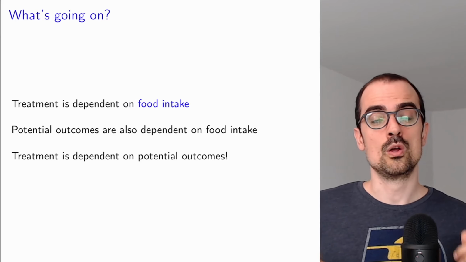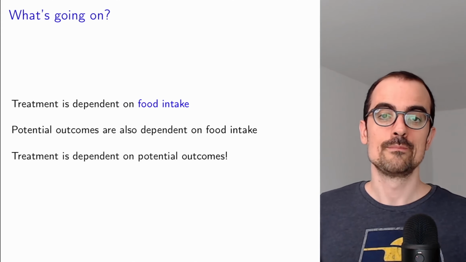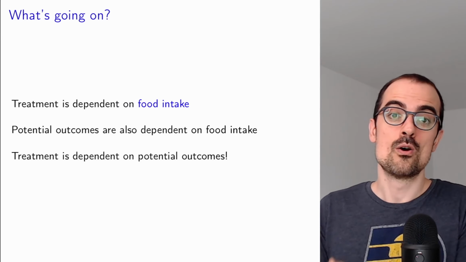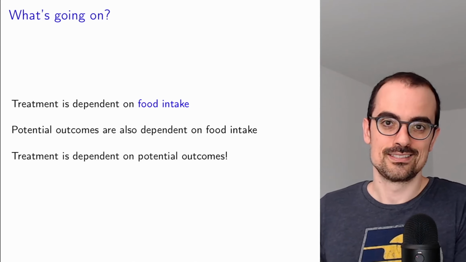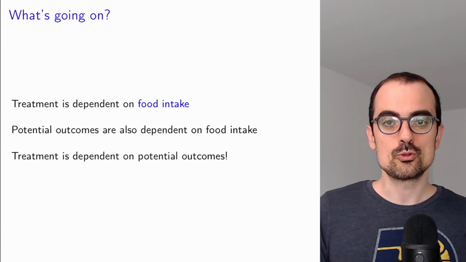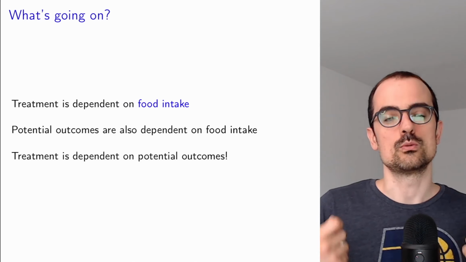For example, when we're giving the supplement mixed in with the food, we're giving more supplement to guinea pigs that are going to gain more weight regardless. So this induces a dependence between the potential outcomes and the treatment, and because of this, we cannot trust the correlation that we see in the data.